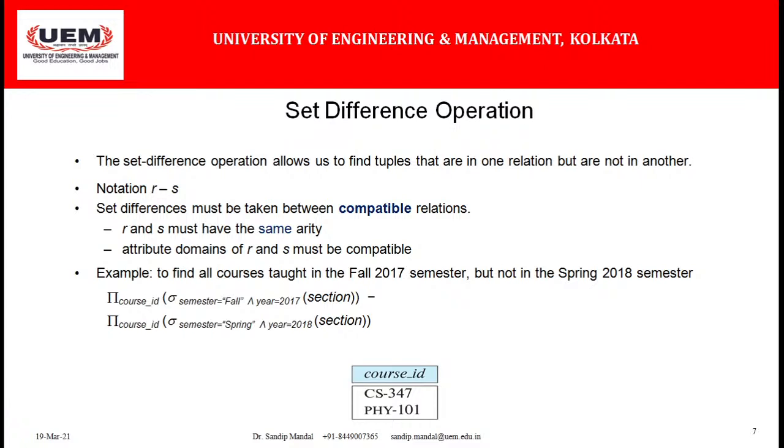Now the difference from the union and the intersection is that you find all the courses in the fall 2017 semester, but not in the spring 2018 semester.